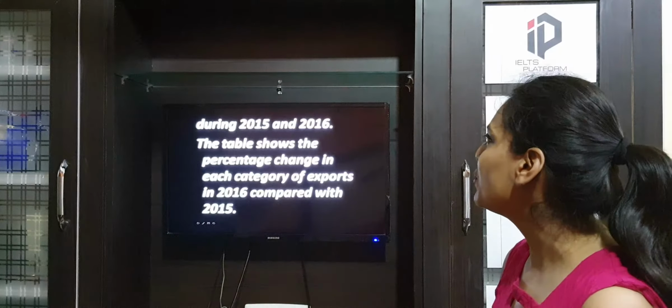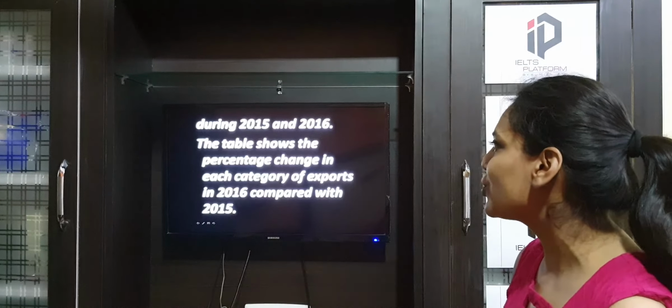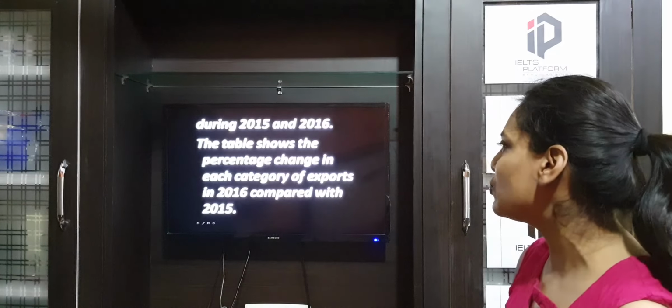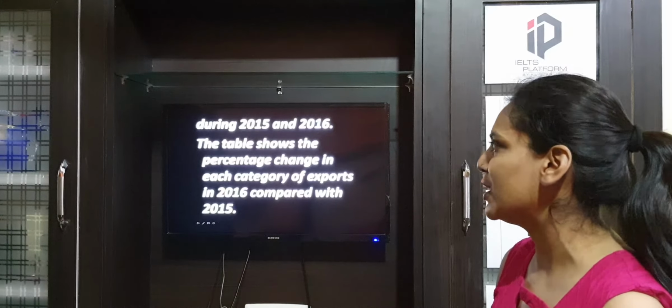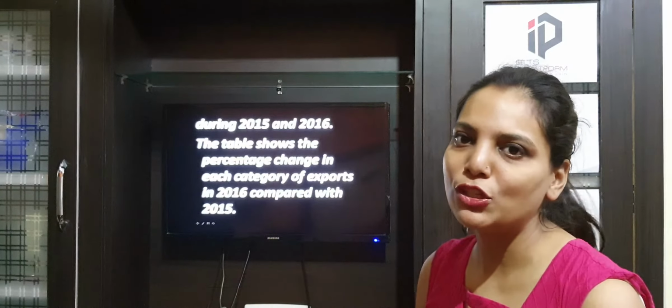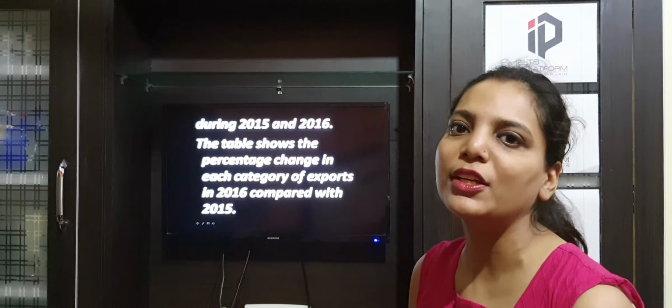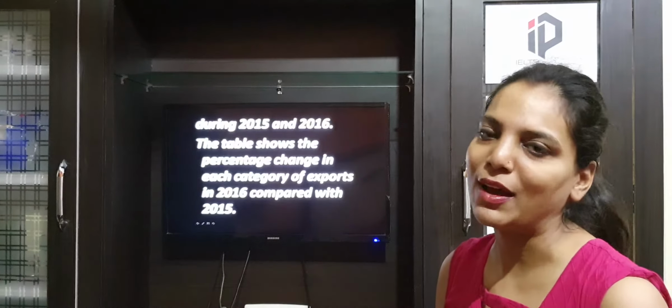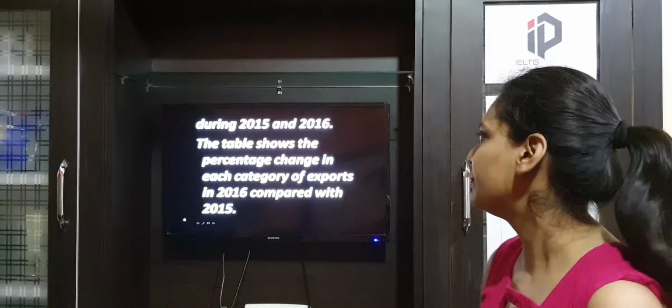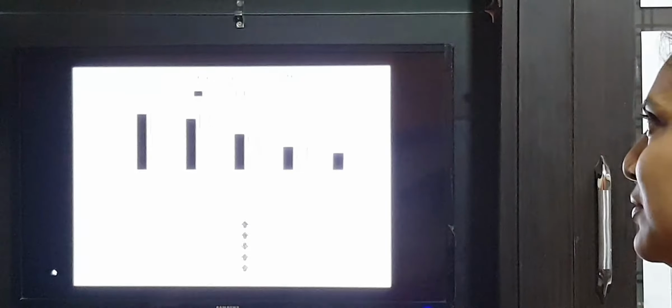The table shows the percentage change in each category of exports in 2016 compared with 2015. Yes. So there is a table which shows how much was the percentage change from 2015 to 2016 in value of exports. So here's the graph.